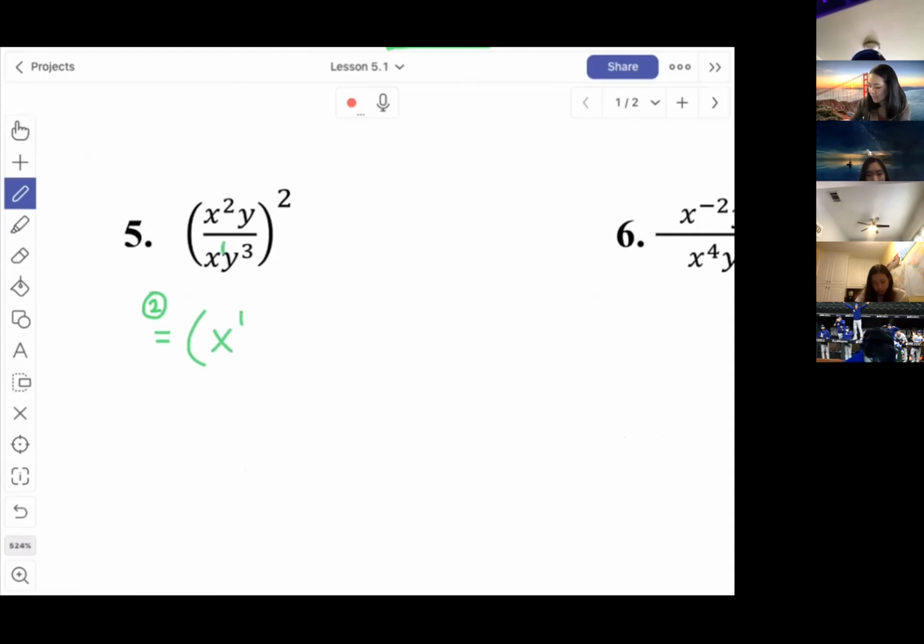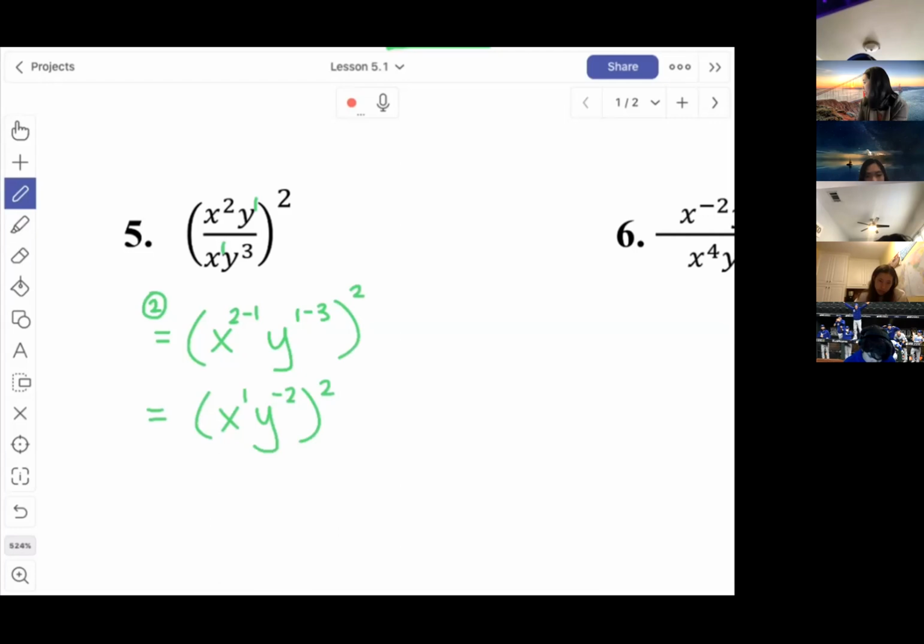So I have x to the 2 minus 1, and then y to the 1 minus 3. So that's going to be x to the first, y to the negative 2. Don't forget that square on the outside still. So that's using property number 2.